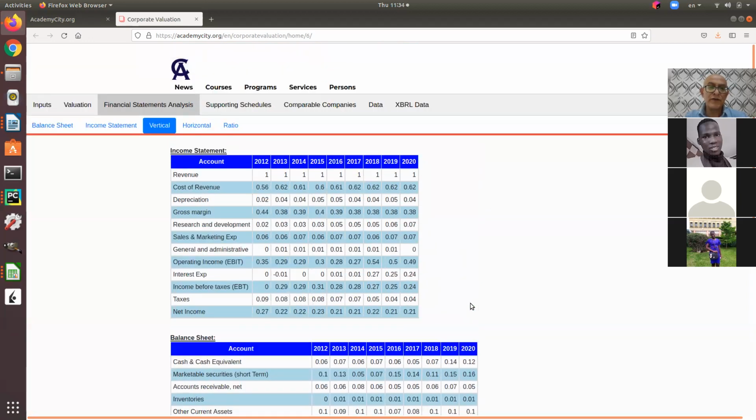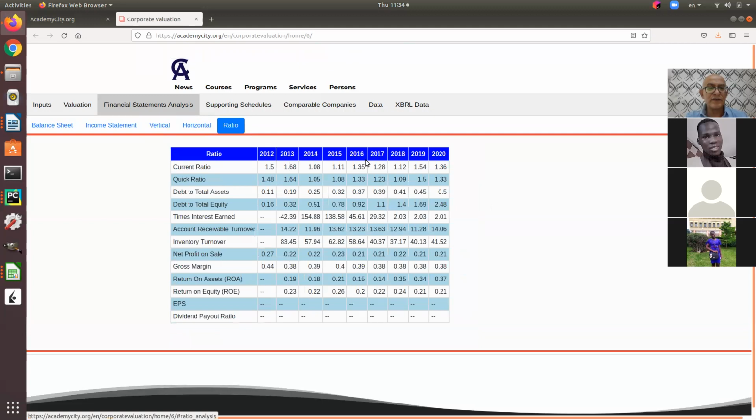We look at the ratio analysis. Let's look at the first ratio, the current ratio. It was about 1.5, fluctuating a little, going down a little bit, but basically around 1.3 to 1.5. So the current ratio is quite stable. Is it too high? Is it too low?